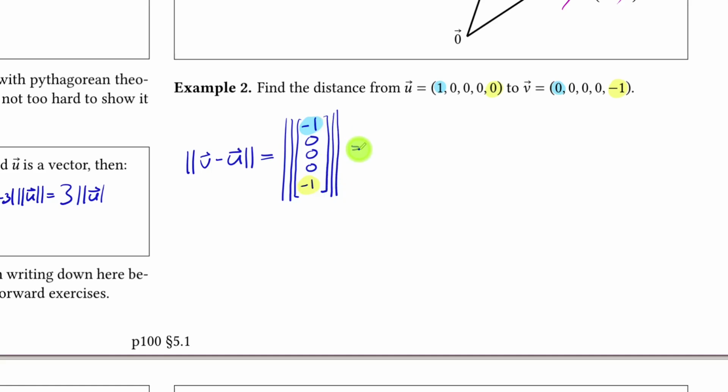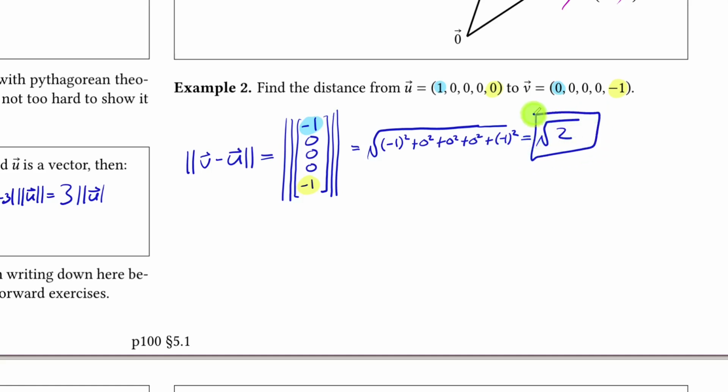The length of this is the square root of negative 1 squared plus 0 squared plus 0 squared plus 0 squared plus negative 1 squared, and that gives you the square root of 2.